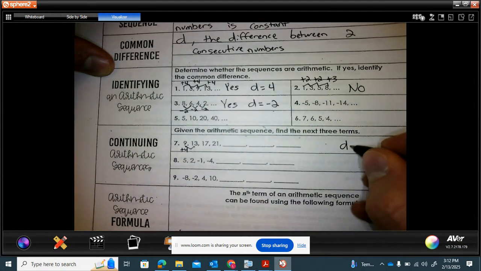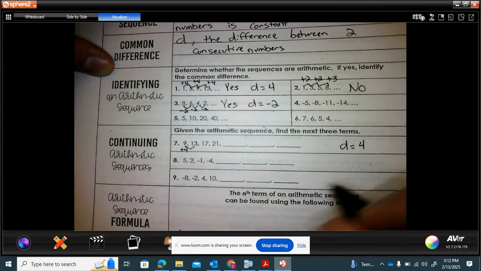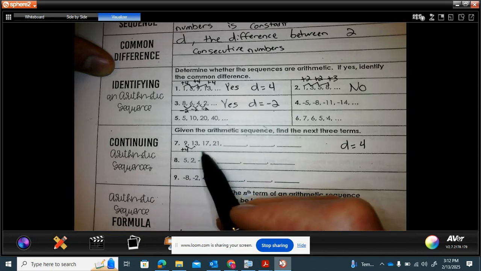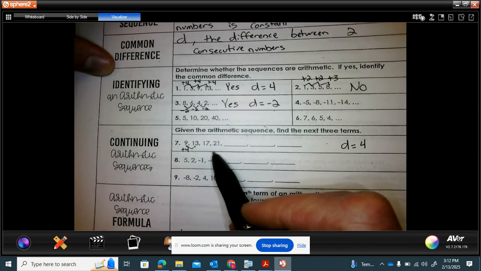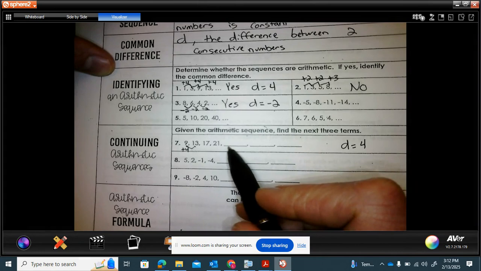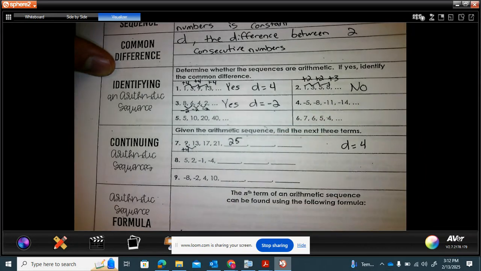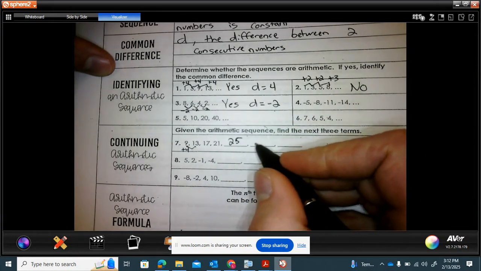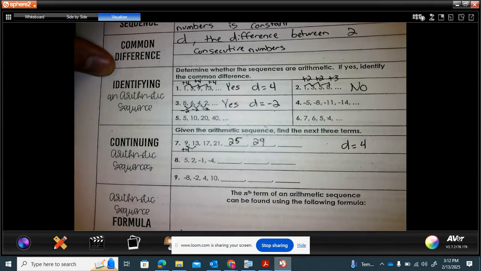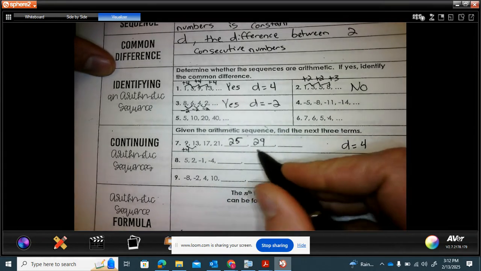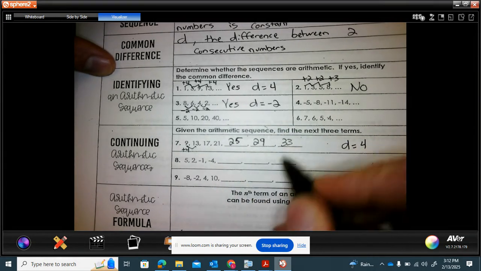So I know that my common difference is 4 for this sequence. That's the pattern. The numbers are going up by 4. To figure out the next number, all I have to do is take 21 plus 4, which is 25. And then 25 plus 4, I just keep repeating that same pattern, is 29. 29 plus 4, 33.